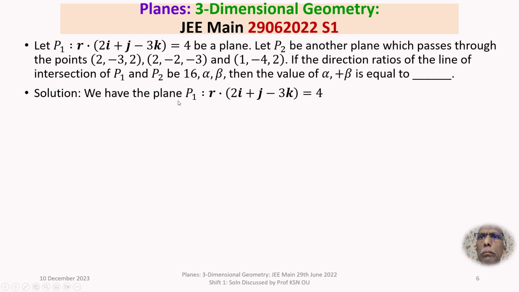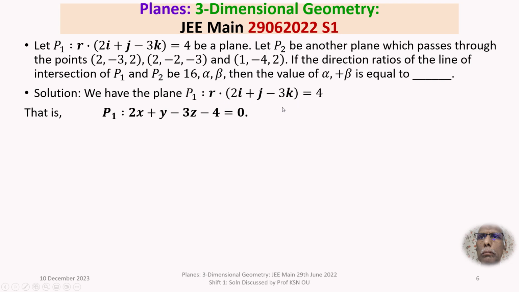We have the plane denoted by P1 whose vectorial equation is given by r dot 2i plus j minus 3k is equal to 4. We write the Cartesian form of this plane P1: r is xi plus yj plus zk, dot 2i plus j minus 3k.